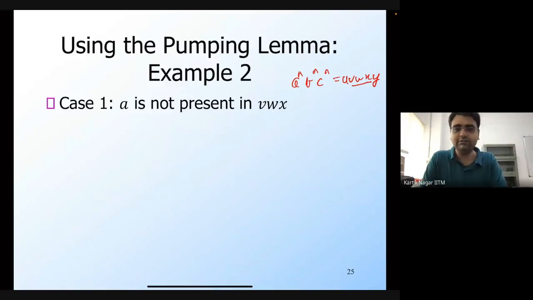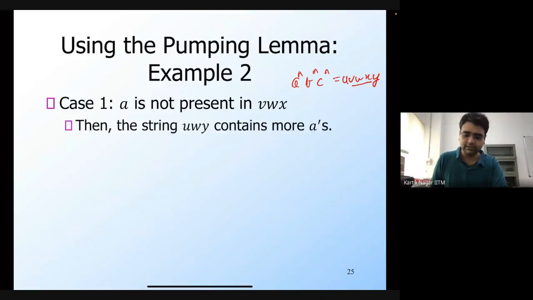So this vwx is going to contain b's and c's. It may contain b or it may contain c, but the length of vx must be greater than 0.